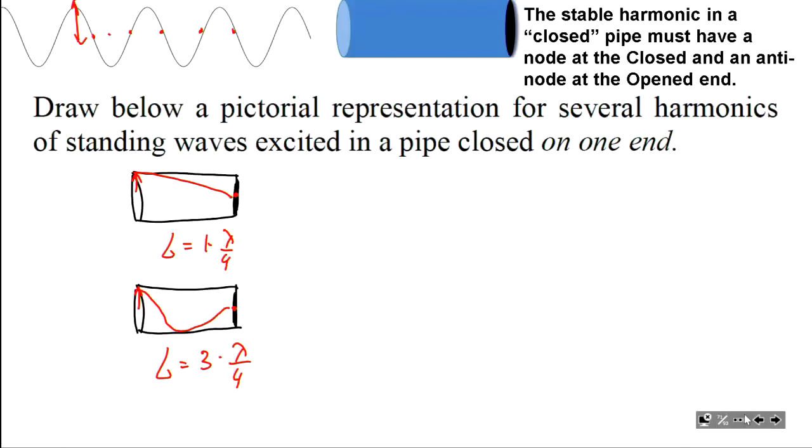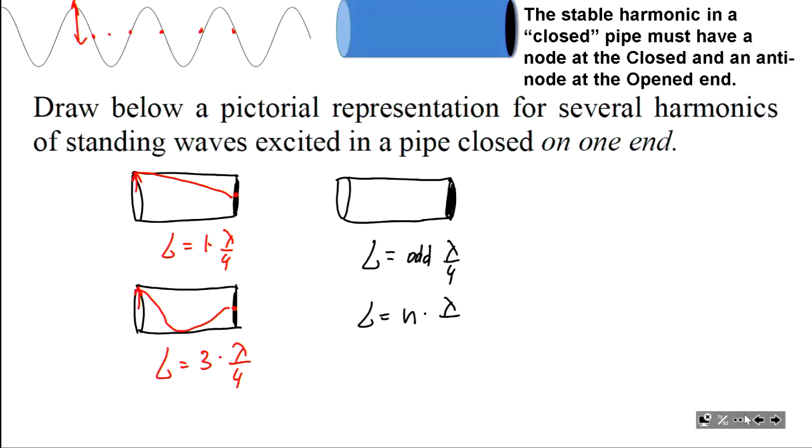So in general, for any such pipe, when one end is closed and one end is open, inside this pipe we can generate a standing wave with only an odd number of quarters of a wavelength. Well, this is how we usually write it.